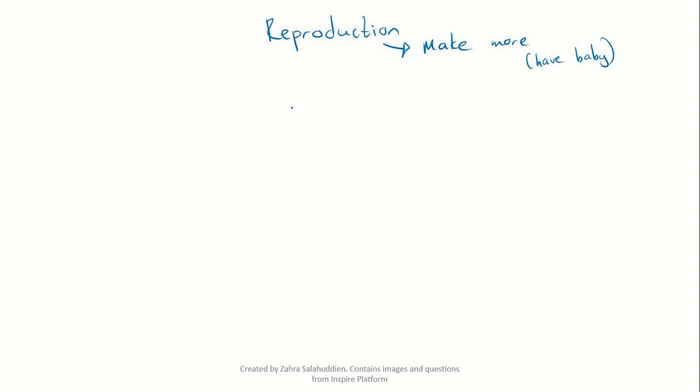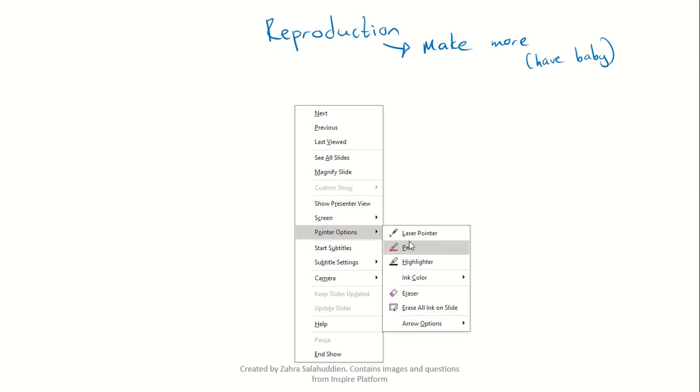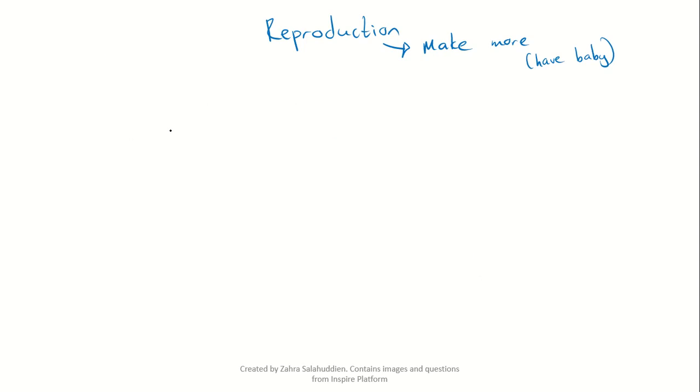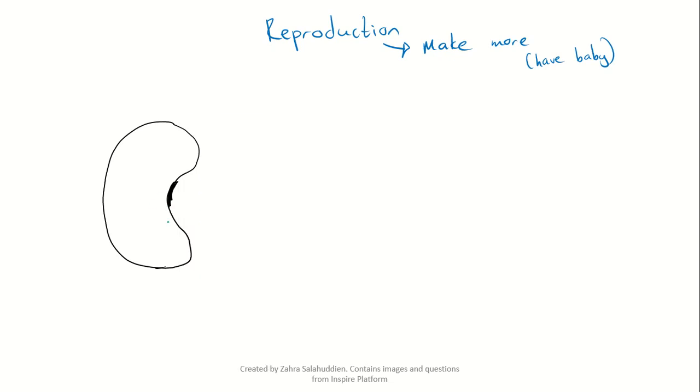So let's speak about the seed and the fruit. First we'll speak about the seed, and I will draw a picture of it. Okay, so let's draw a picture of our seed. I'm not very good at drawing, so if it's not the best, I apologize. Right, so in our seed, we have 3 main parts.